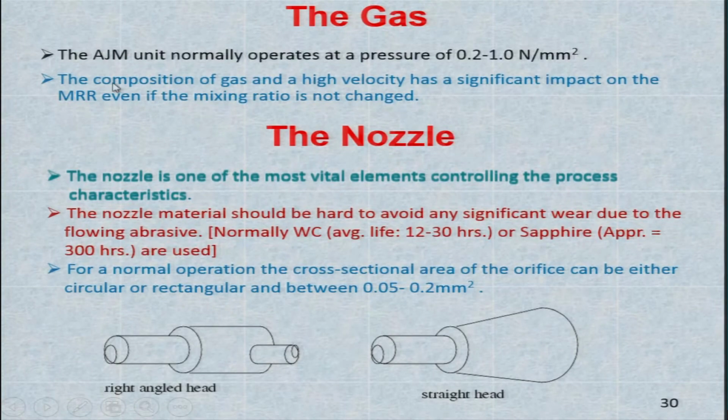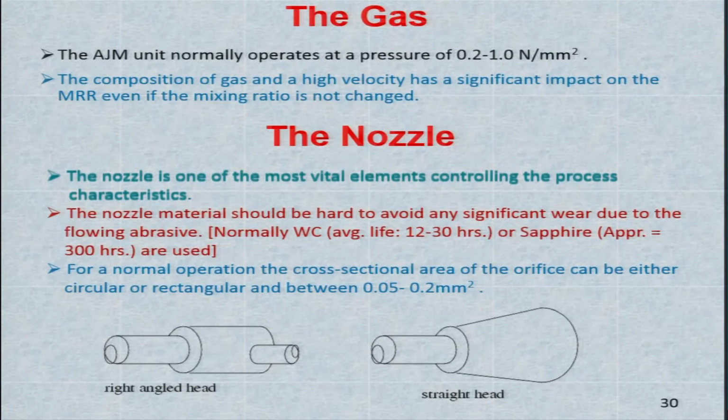So, the composition of the gas is important, and the gas velocity. These two factors have an effect on the material removal rate. The nozzle is one of the most vital elements controlling the process characteristics.